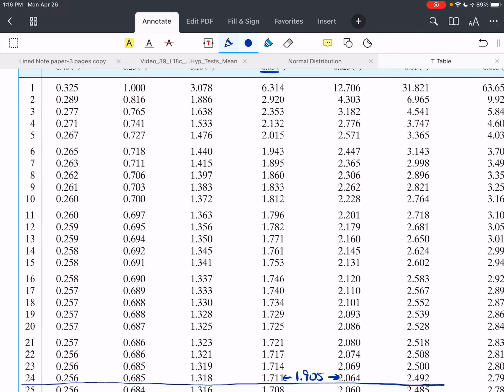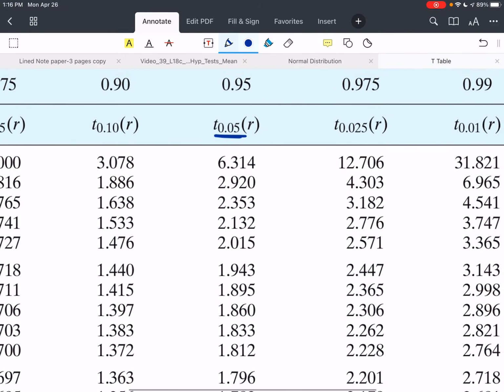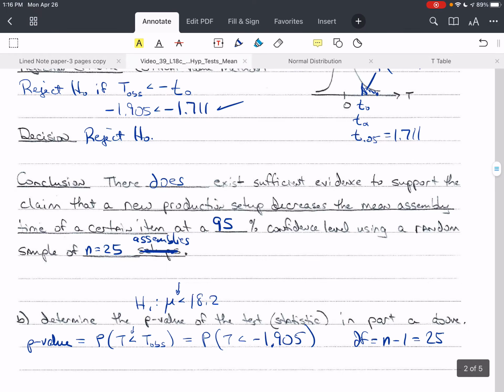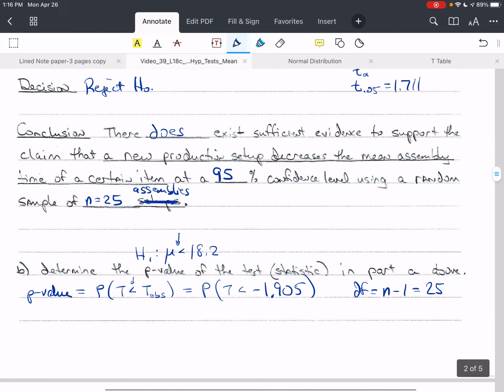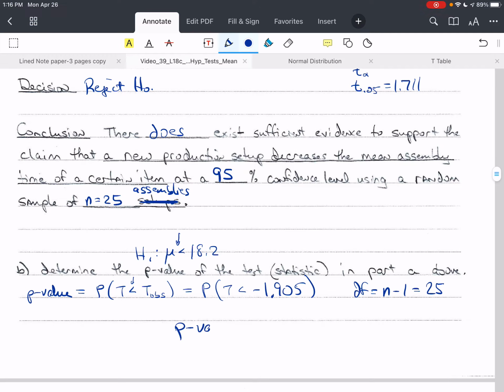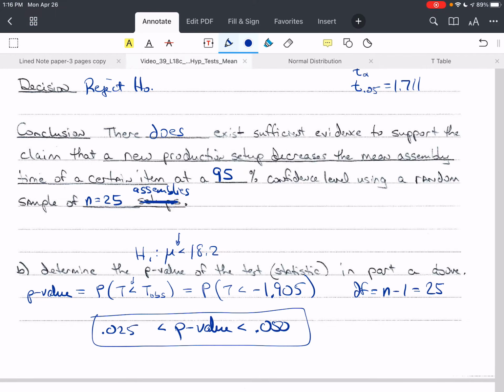Since it's a one-sided test, we can just read off the p-value is between this number and this number. Always remember to put the smaller number first, so 0.025 is smaller than 0.050. The best we can do is that the p-value is between 0.025 and 0.050. With the t-table, all we can get is a range.